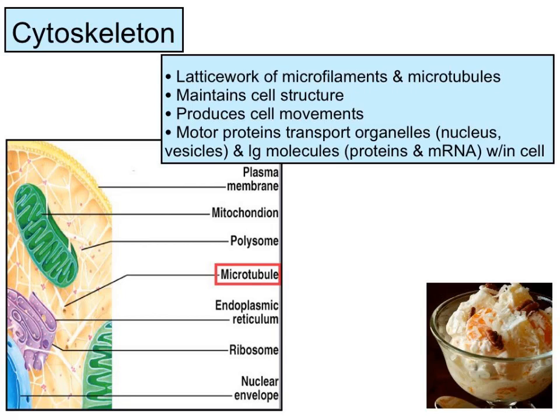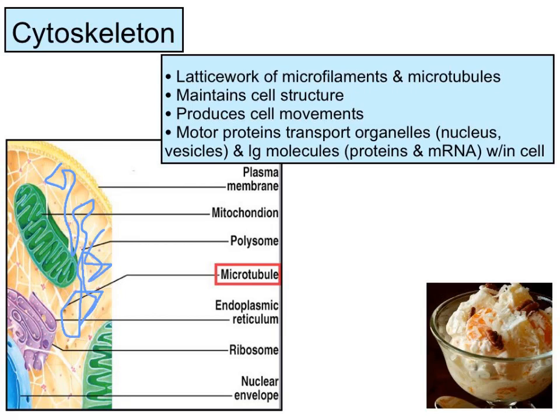And this lattice work provides for cell movements, so that proteins and organelles and chemicals can move within the cell. So if we look at this lattice work, we see that it's like a whole highway, right? Transportation routes right within the cell.